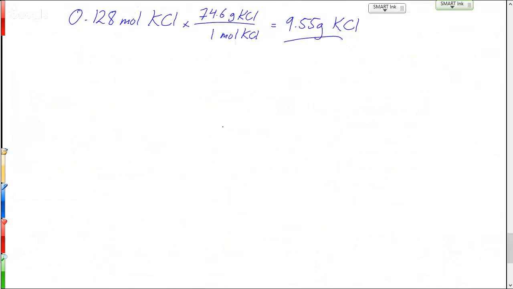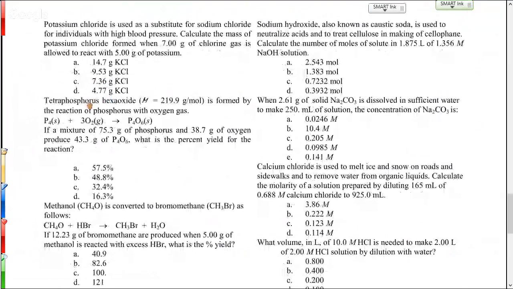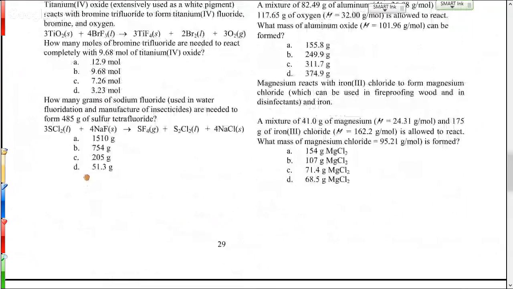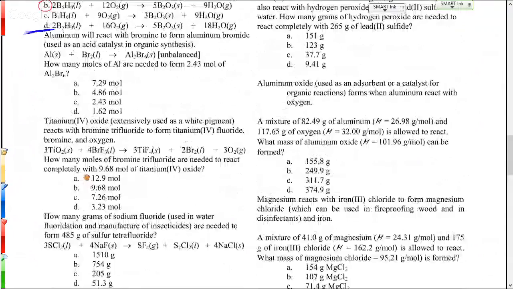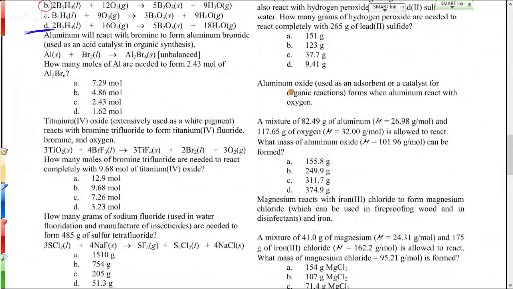Okay, let's try it again. Do I have another one? I don't have another one on here. Oh yeah, there's some.